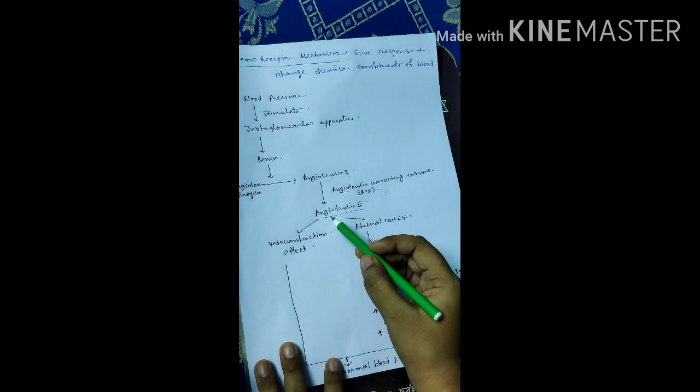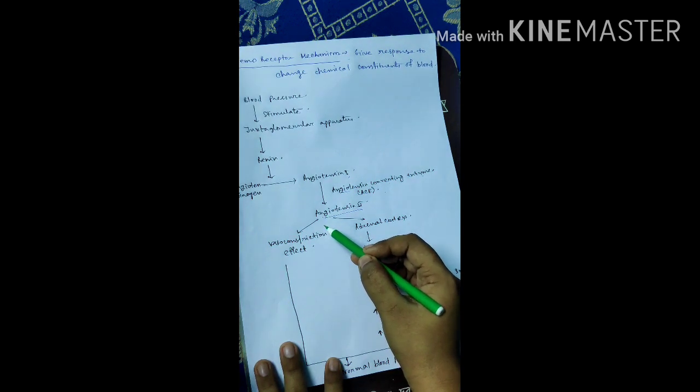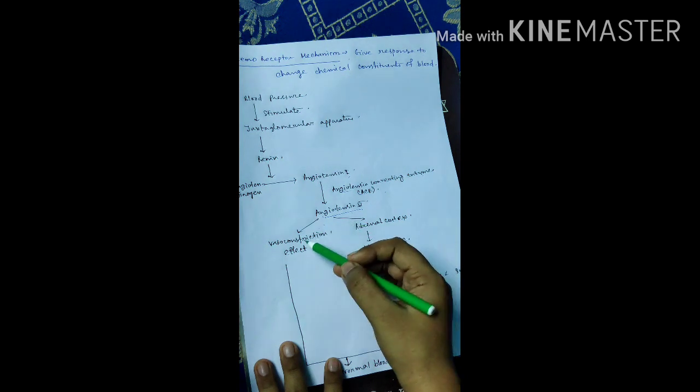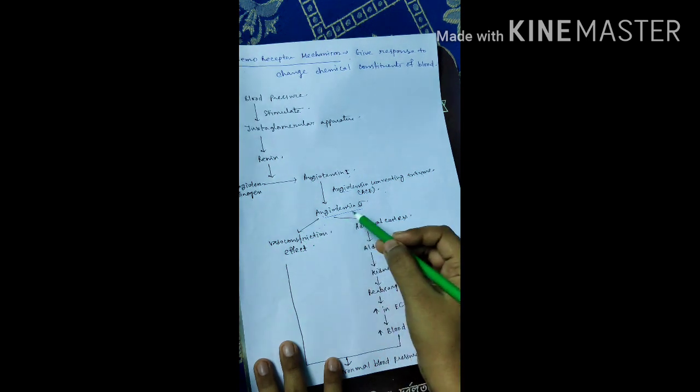This angiotensin 2 then binds to the angiotensin receptor and produces the vasoconstriction effect.